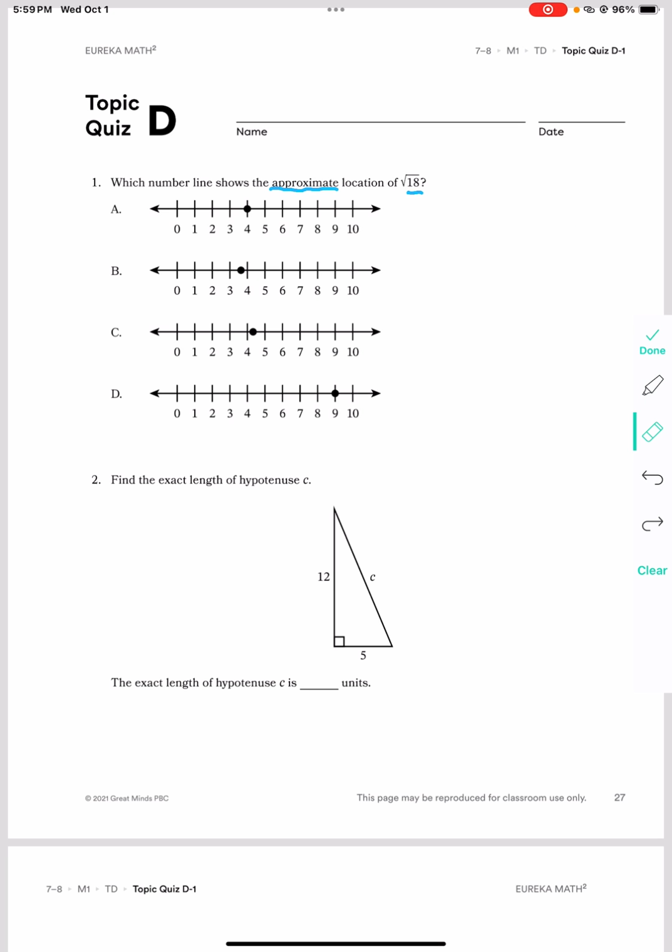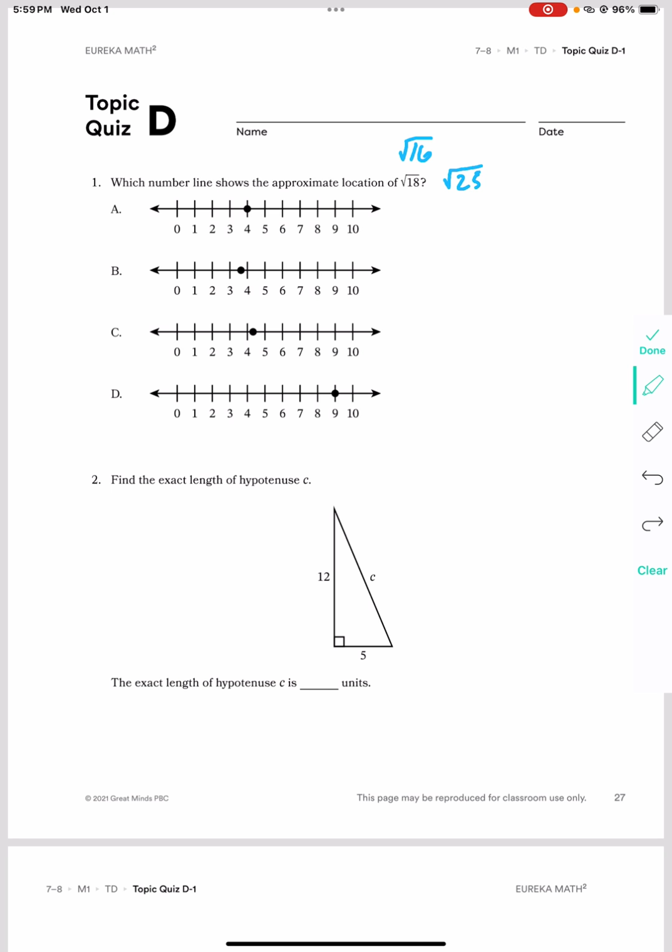All right, so now let's break down how we get this approximation. When we approximate square roots, what we do is we see what perfect squares the square root we are trying to approximate sits in between. So that means we see what comes before and we see what comes after. Since this is the square root of 18, we know that the square root of 16 comes before it, and the square root of 25 would come after it.